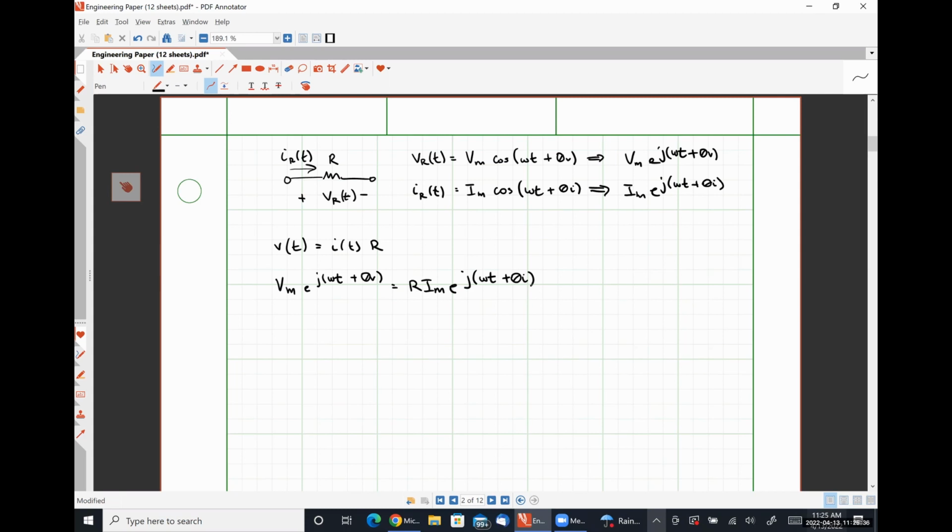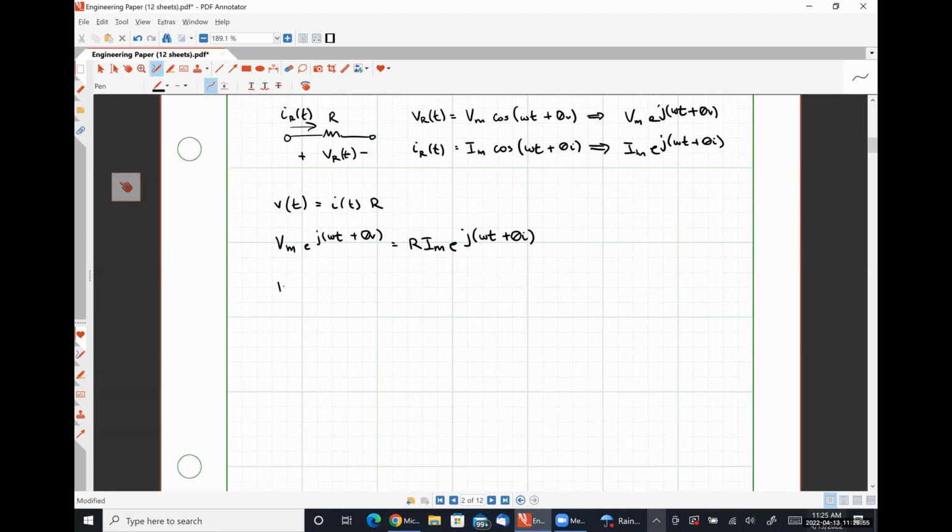Simply substituting in our mixed domain representation for voltage and current into our Ohm's law expression. What I'm going to do now is split up these exponential functions, right? If I have an exponential function acting on an argument that's simply the sum of two quantities, that's the same as two exponential functions being multiplied together.